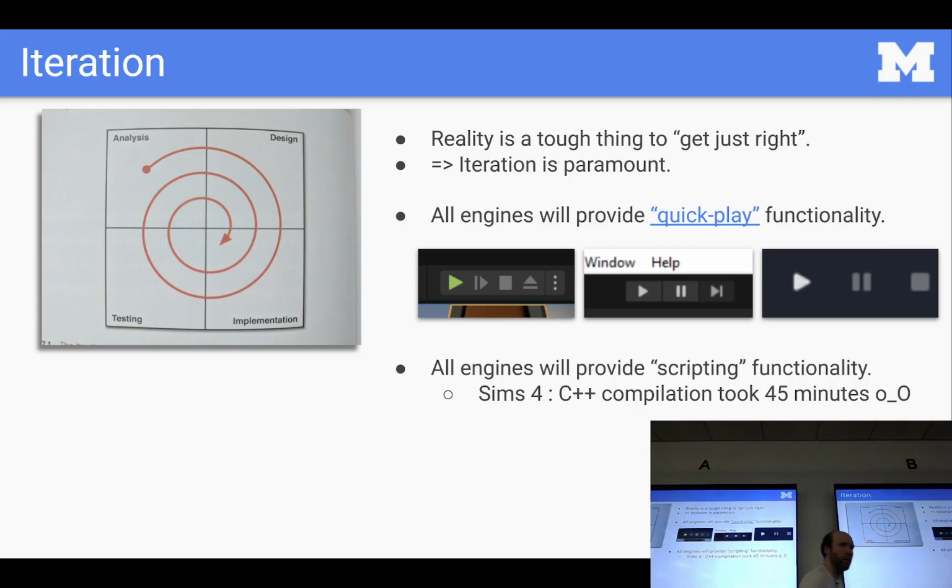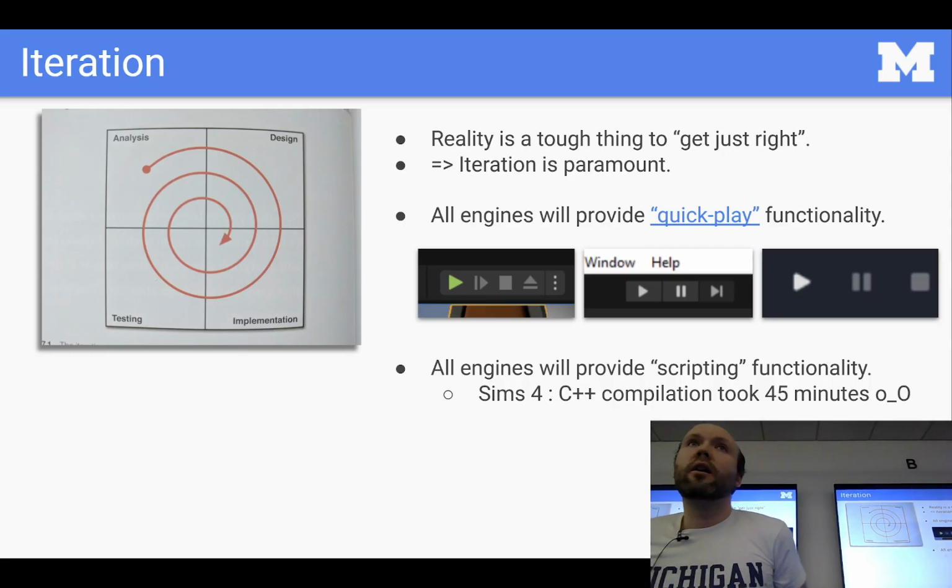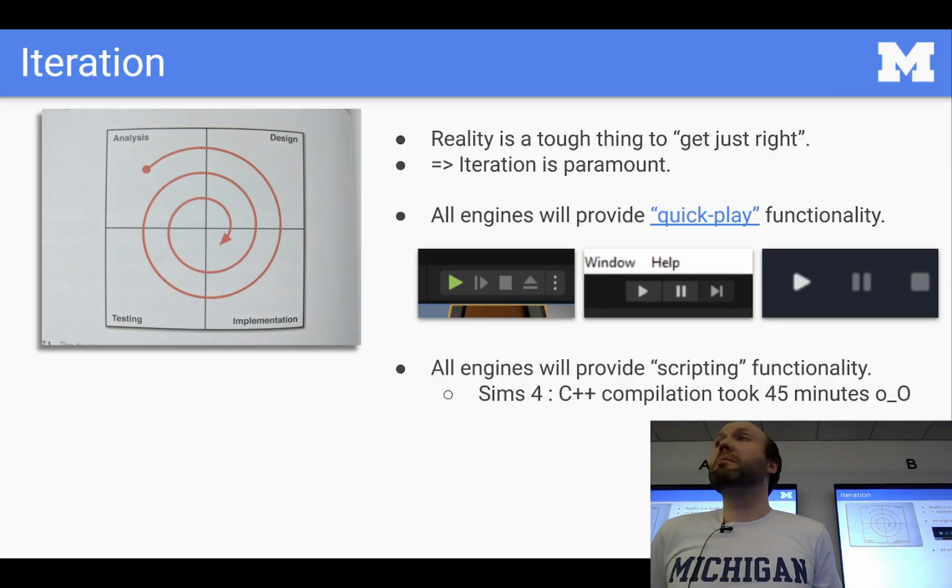The Sims 4, by the time I joined The Sims 4 back in like 2014, it was a code base of, I think, about 4 to 5 million lines of C++ code, which means that if you want to compile a change to C++, even a tiny change, it was about a 40 to 50 minute compilation process, okay?